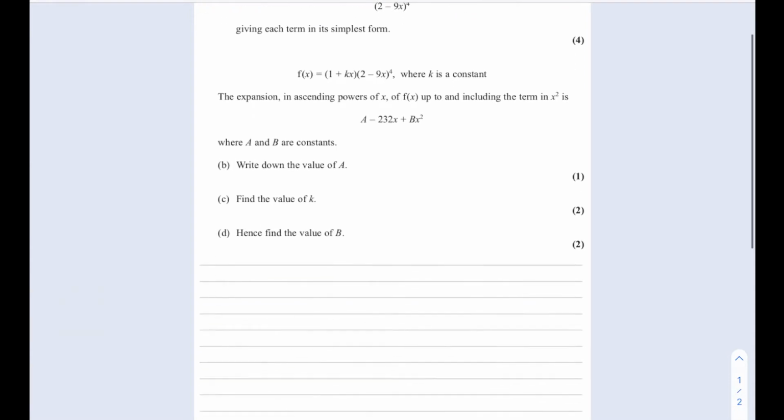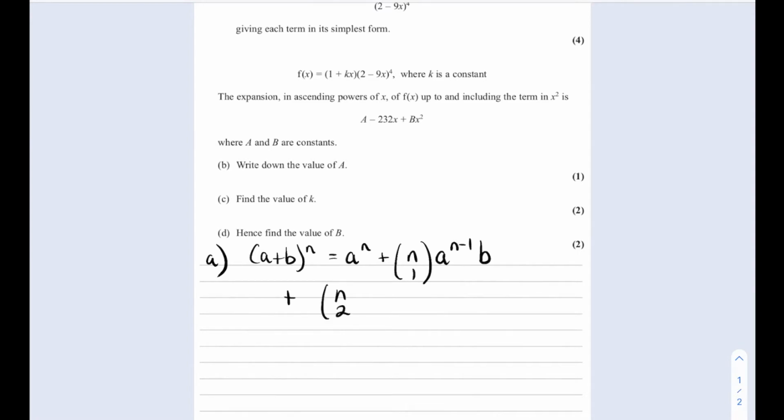So according to the formula booklet, we have (a plus b) to the power of n equals a to the power of n, plus n choose 1, a to the power of n minus 1 multiplied by b, plus n choose 2 times a to the n minus 2 multiplied by b squared, and so on.